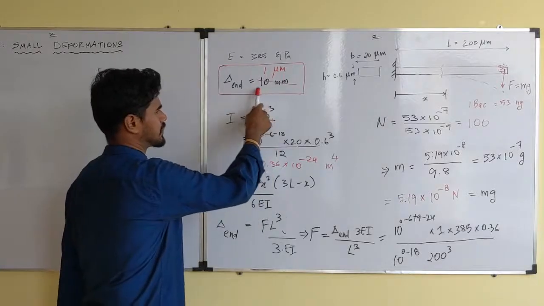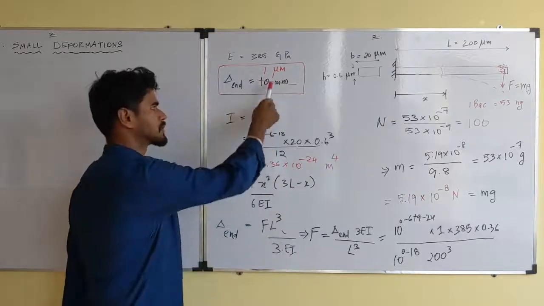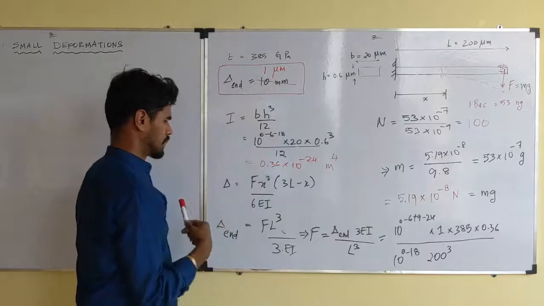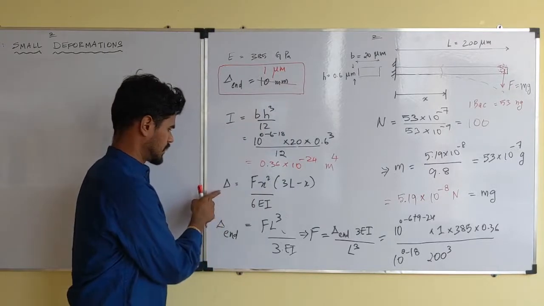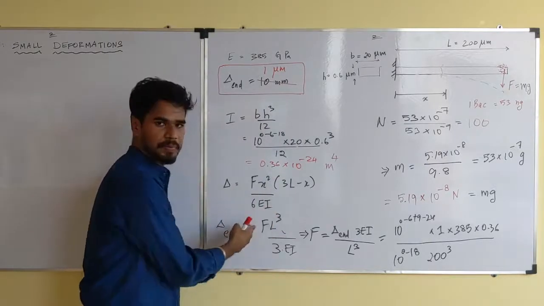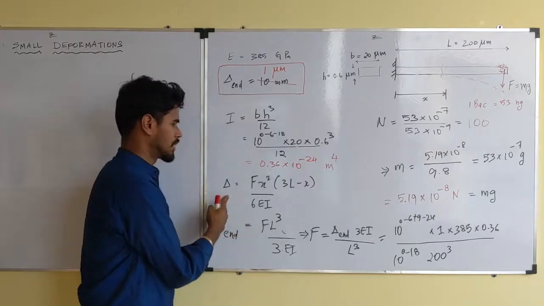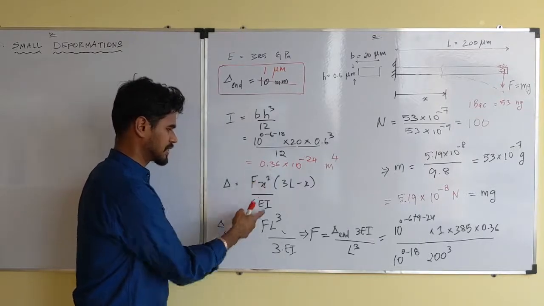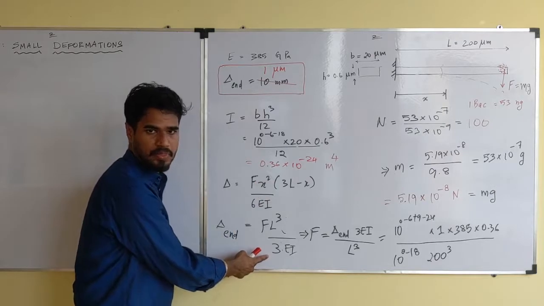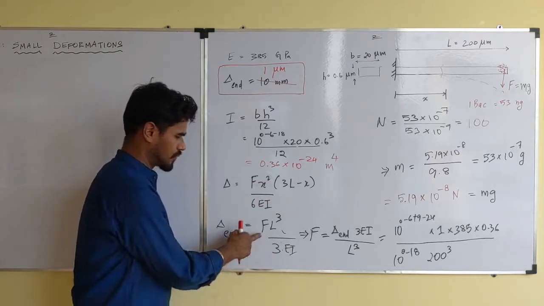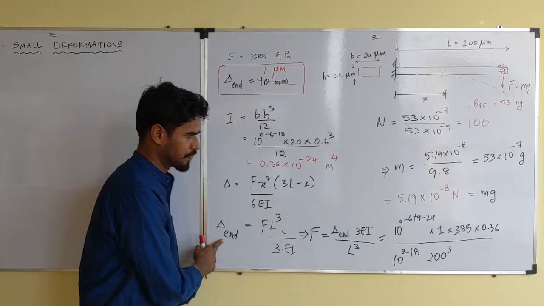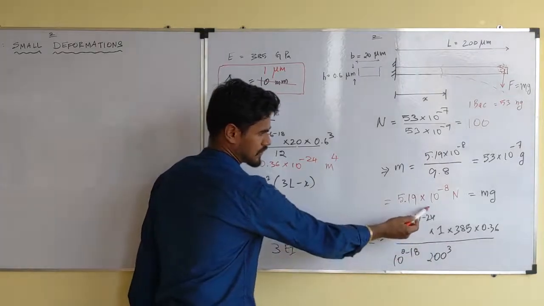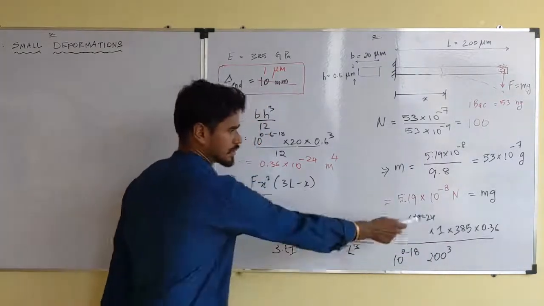The book gives 10 millimeters. I'm going to use 1 micrometer. First, deflection as a function of x is given. We want deflection at the tip, so substitute x as L and get this expression. Find the force that would result in this deflection, and we found the force to be this.